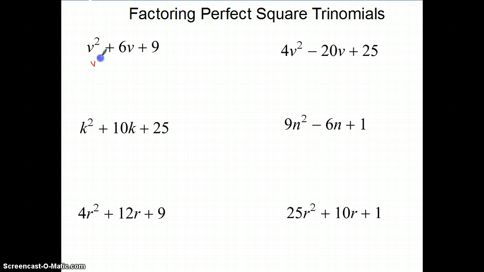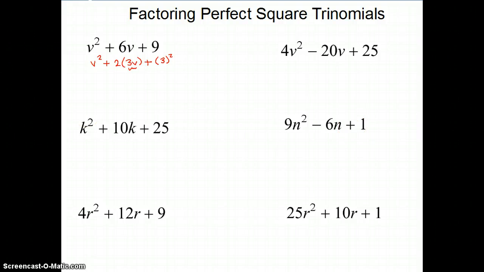I can take v squared, and instead of 6, I am going to add 2 times 3v, plus, and instead of 9, I am going to write this as 3 squared. So notice this term in the middle is 2 times v and 3. The base is on the outer edges of your expression.